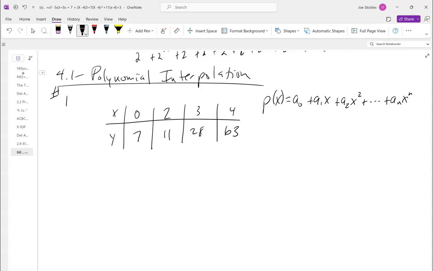You can set up a system of equations. In this case, you would get 4 equations and 4 unknowns. Anytime you do Gaussian reduction, though, you get on the order of n cubed operations, where n is the number of equations. That's a lot of operations.